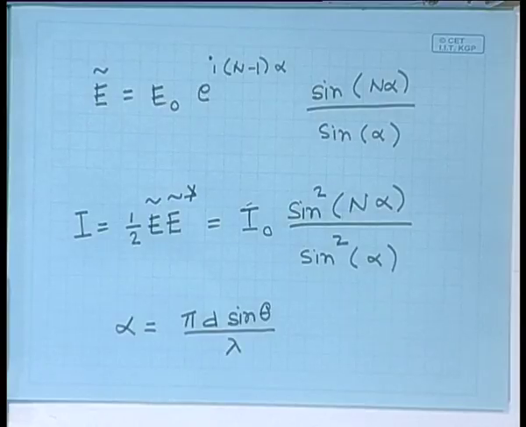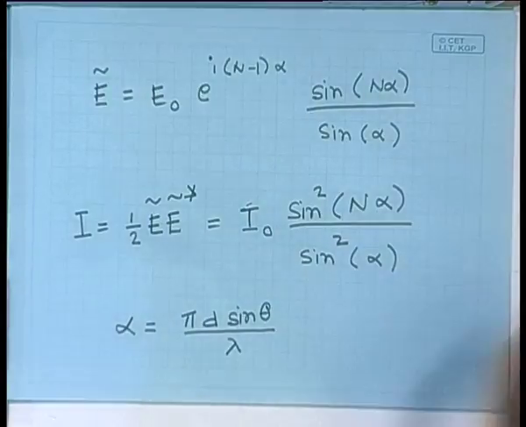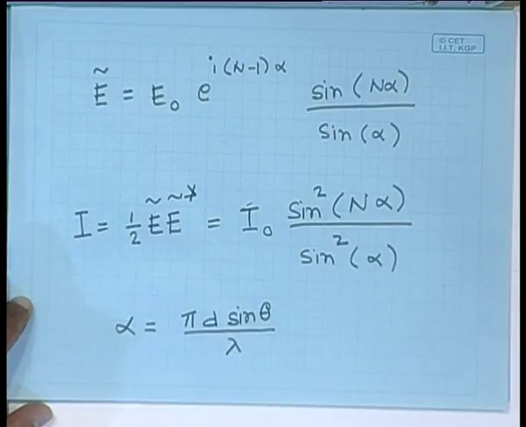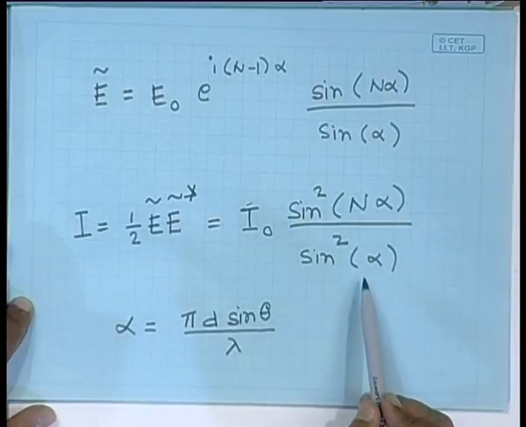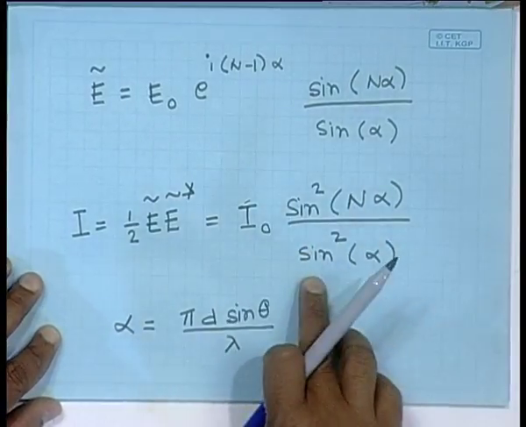To start with, let us consider the point where theta is equal to 0. What is going to be the value of the intensity where theta is equal to 0? Theta equal to 0 implies that alpha is also 0. So, I want to evaluate this at alpha equal to 0.